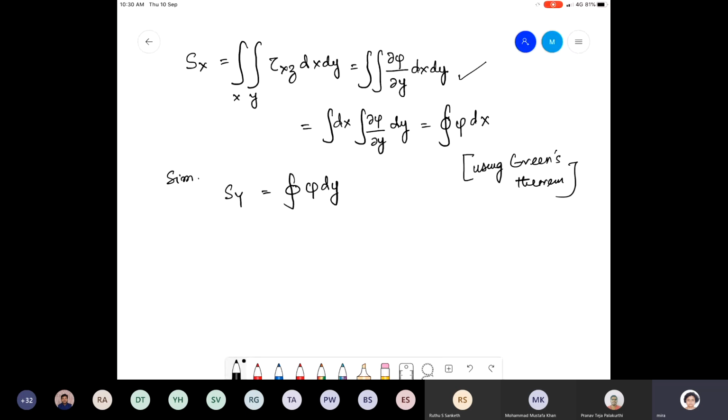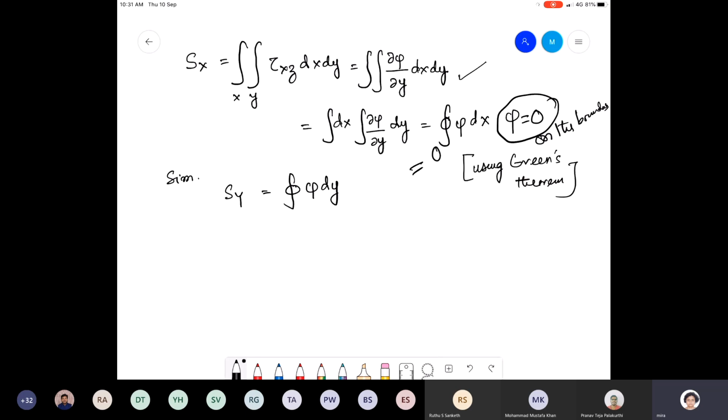Okay. And since my phi is equal to 0 on the boundary, this is also equal to 0. Since I need to choose a stress function which is 0 on the boundary, this integral over the boundary of phi dx has to be equal to 0.